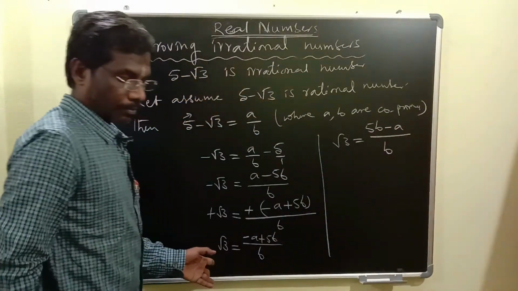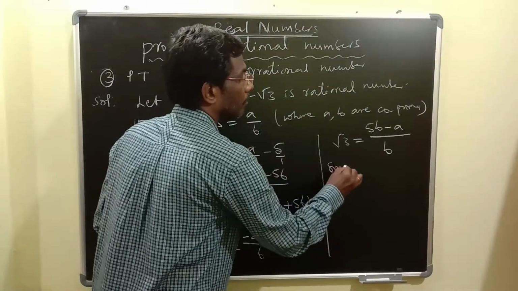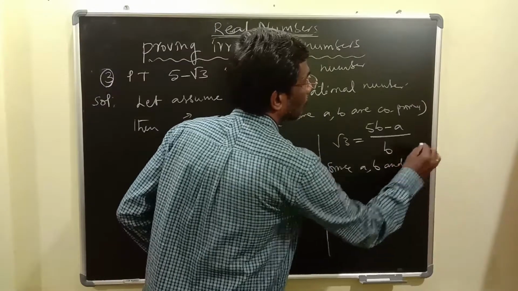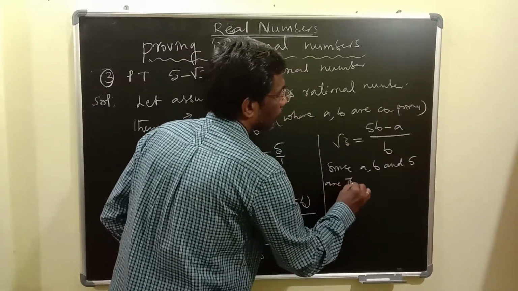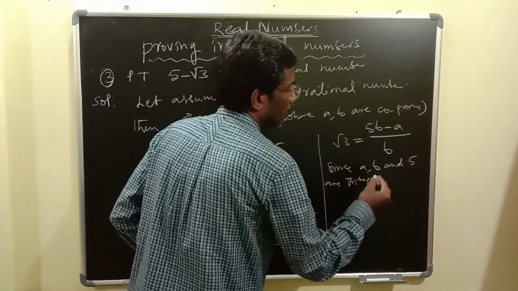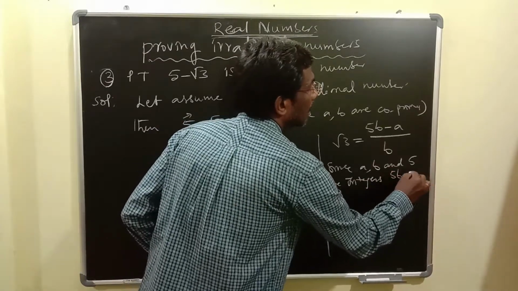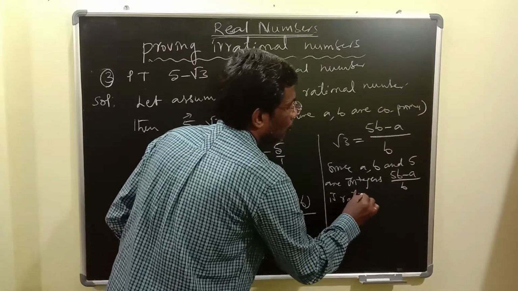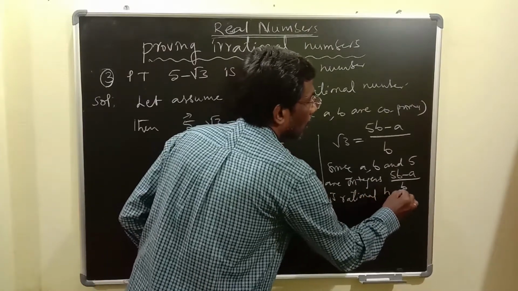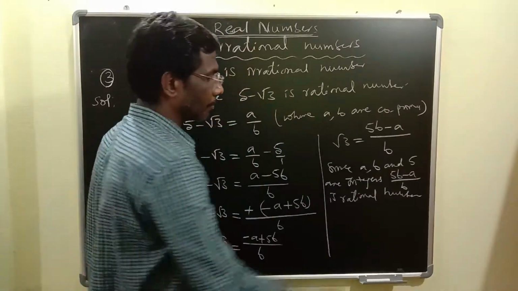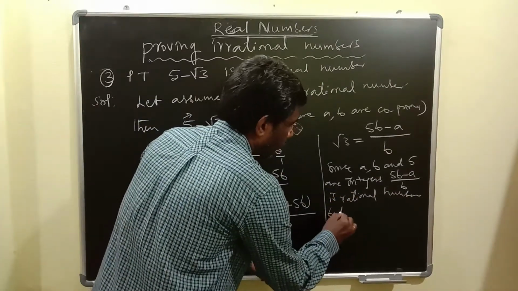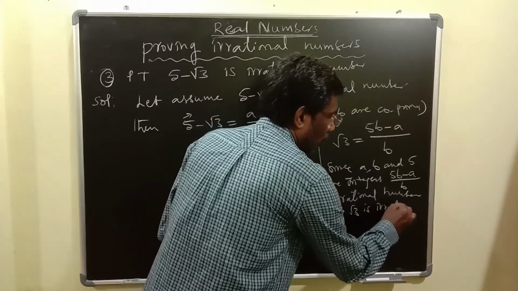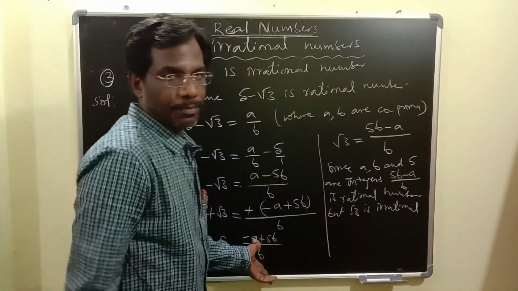B. Since A, B and 5 are integers, 5B minus A by B is a rational number, but root 3 is an irrational number.